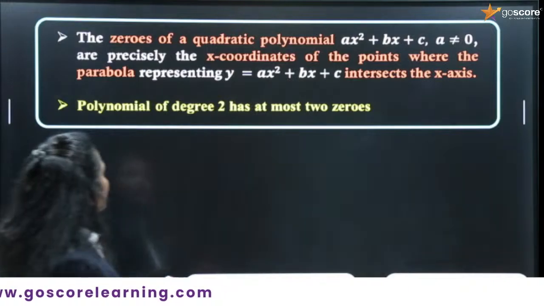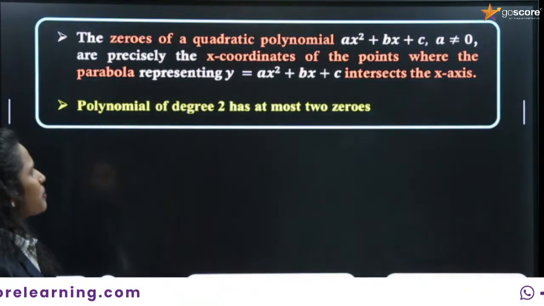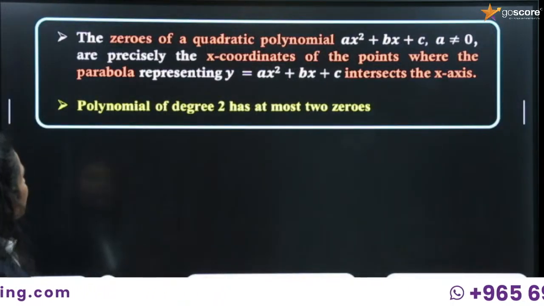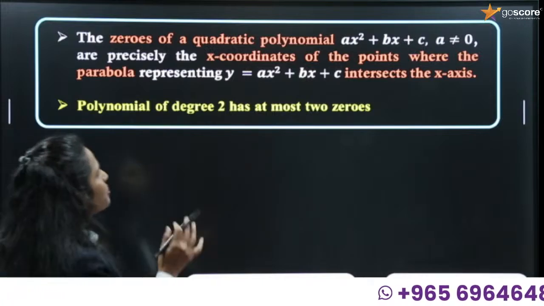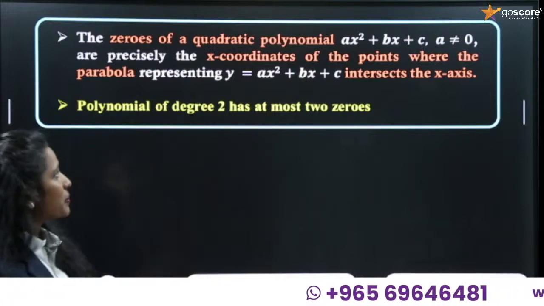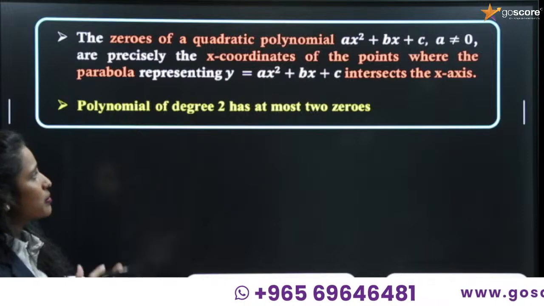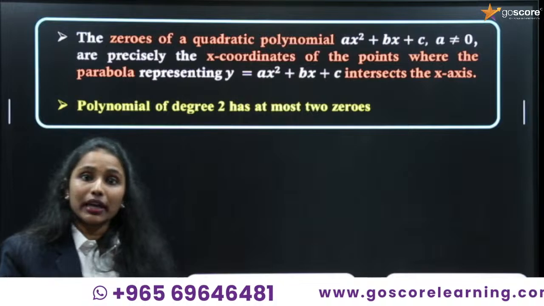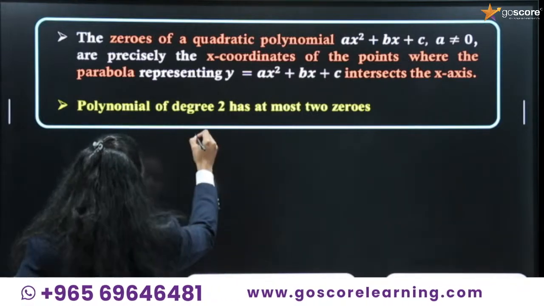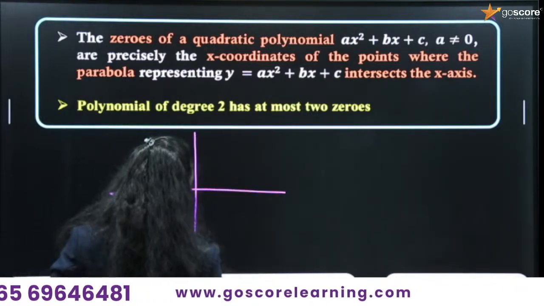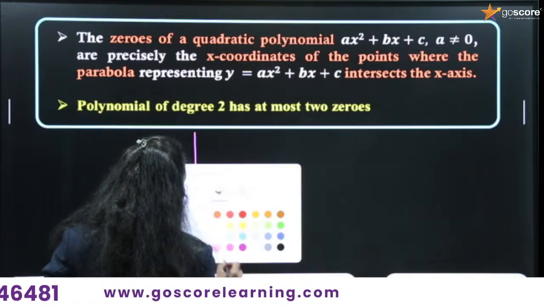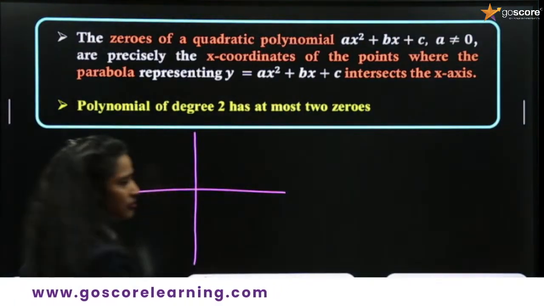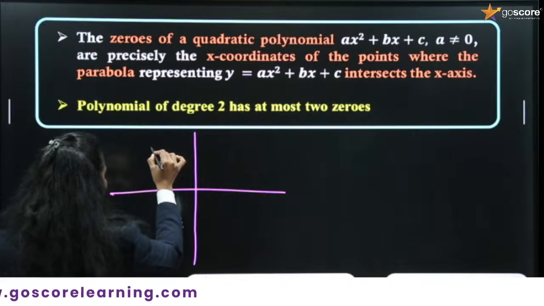Now, the zeros of a quadratic polynomial ax square plus bx plus c are precisely the x-coordinates of the points where the parabola representing y equal to ax square plus bx plus c intersects the x-axis. When we draw the graph of a quadratic polynomial, it will be either an upward parabola or a downward parabola. I am drawing the upward parabola as this.